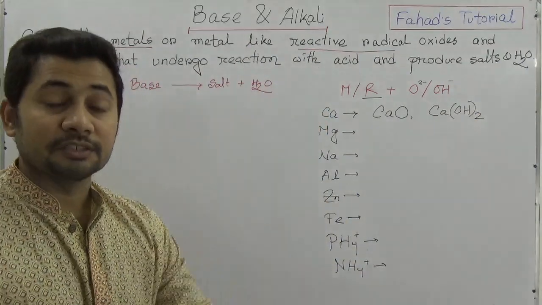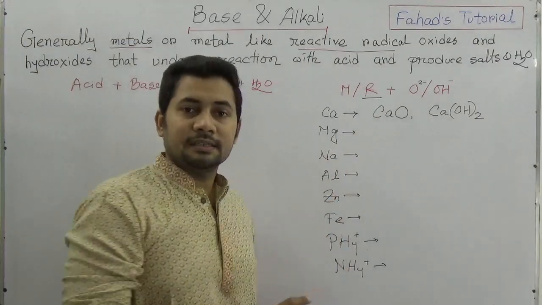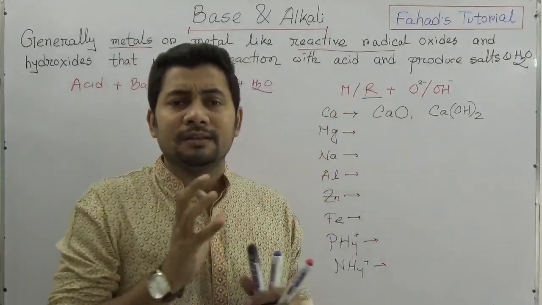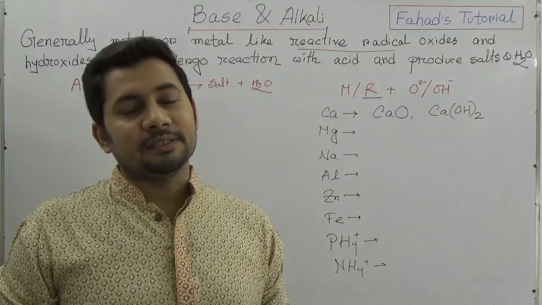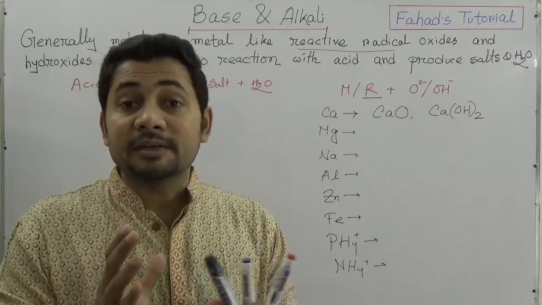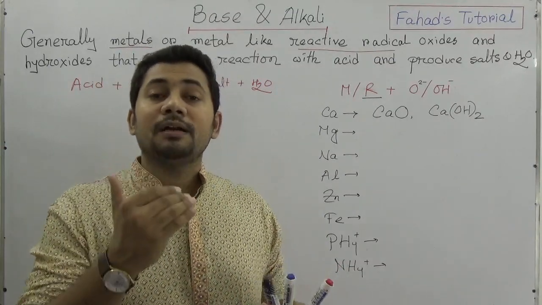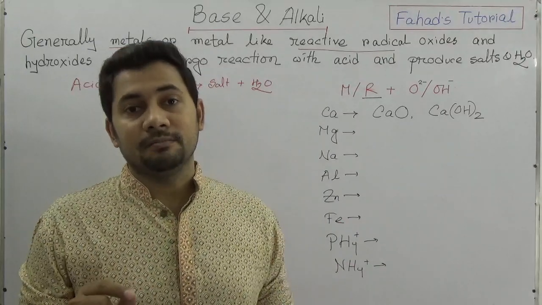This is very important to know for the compounds. Those who have a problem understanding why it is (OH)2 and so on, I suggest you please see my tutorials about chemical compounds, where I explained the criteria and the process of writing down the compounds.